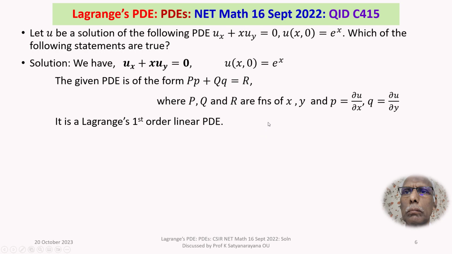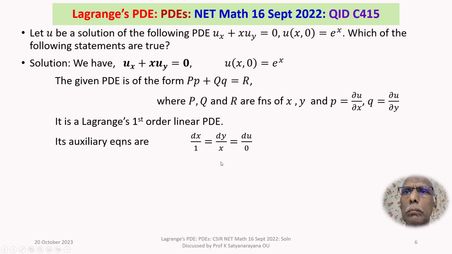The auxiliary equations are given by dx/P = dy/Q = du/R. In our case, its auxiliary equations are dx/1, the coefficient of u_x, equal to dy/x, the coefficient of u_y, equal to du/0, the function present on the right hand side.